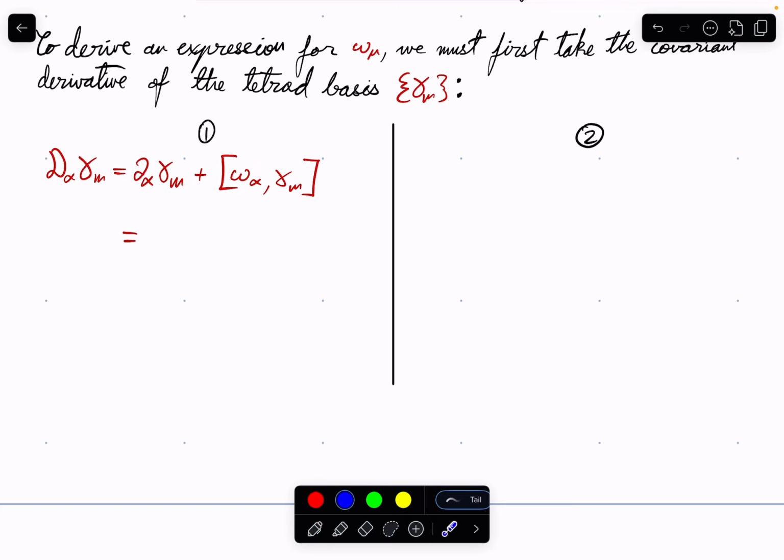Well, the cool thing about the tetrad basis is that this is a basis for the space-time algebra. And the space-time gradient of a basis for the space-time algebra is always 0. It doesn't change. It's a constant basis. So we're going to get 0 for this first term. It's going to vanish, meaning that we're just left with the connection term.